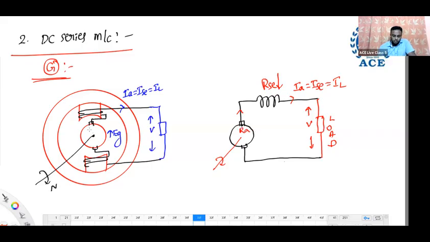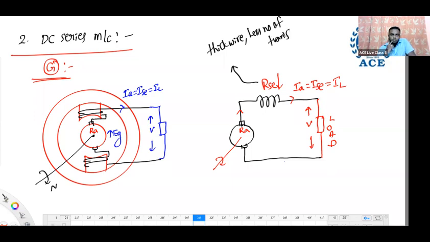As low resistance is required, the series field winding should be made of thick wire. Low resistance means more cross section. And should it have less or more number of turns? Less number of turns, opposite to shunt.